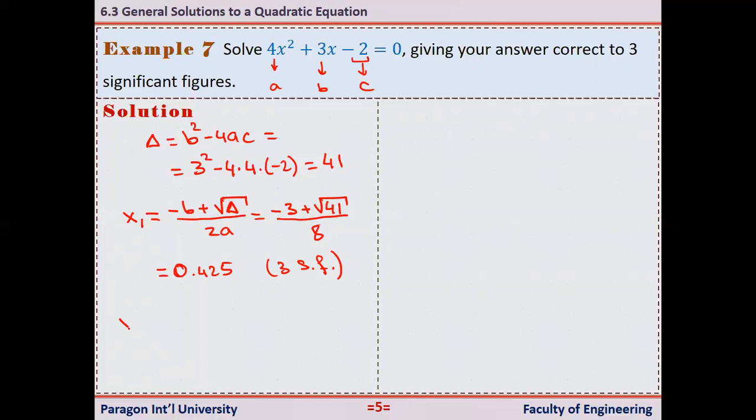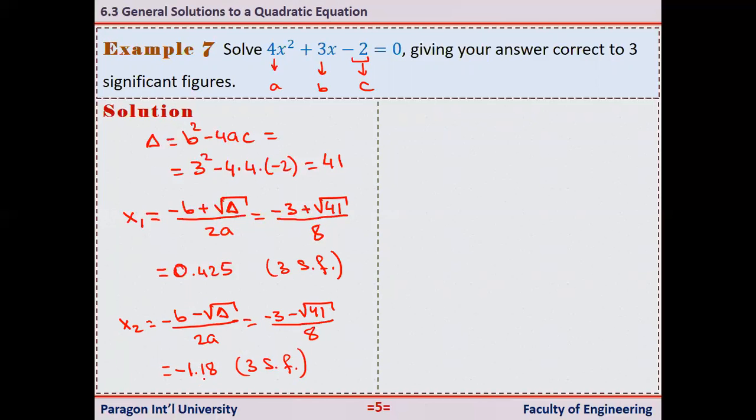How about x2? x2 is exactly the same, but only the sign is different. It is minus 3 minus square root of 41 over 8, which is equal to minus 1.1753. If you round this off, it is minus 1.18, correct to 3 significant figures.